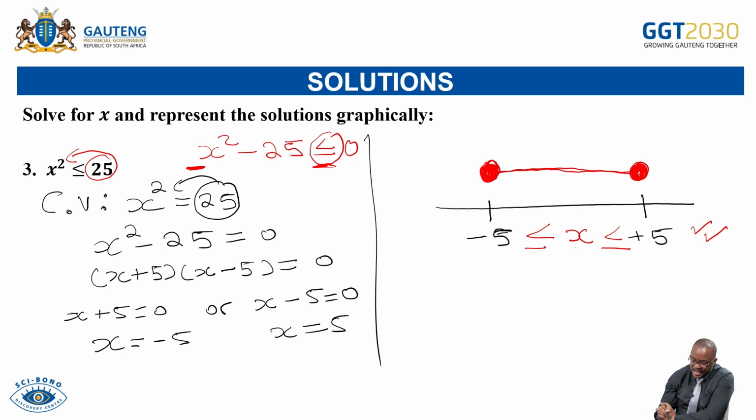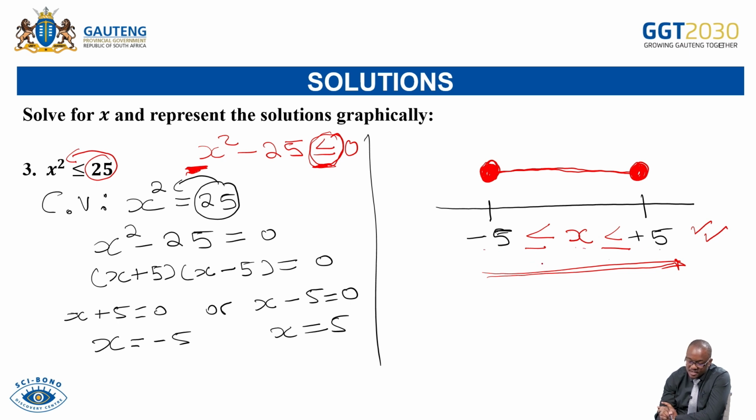The part that I wanted learners to understand here is that the minute your leading coefficient is positive, when you get to decide on your final answer, you just take the sign that is given there and put it between -5, x and +5.